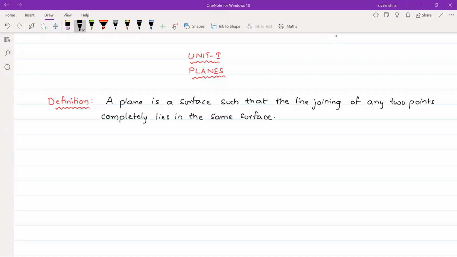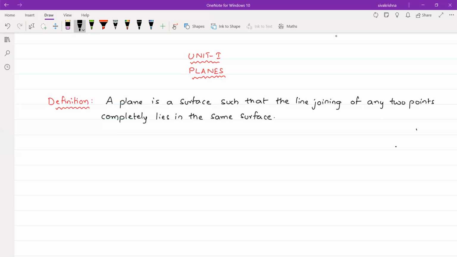Once again, if you want to say a particular surface is a plane, we have to consider any 2 points on that surface. Suppose I am considering this paper as a surface. I represent 2 points, one is this one and the second one is this one.